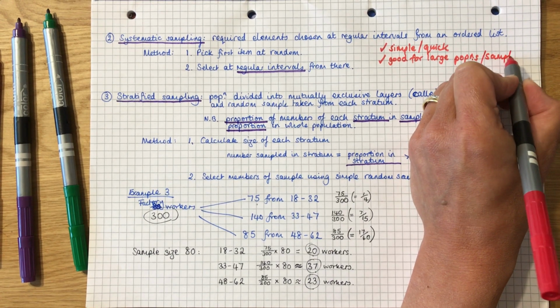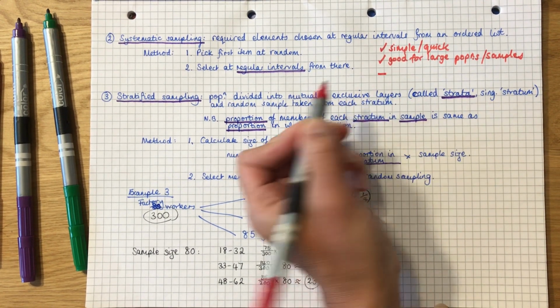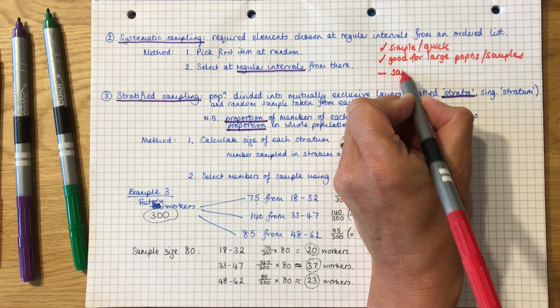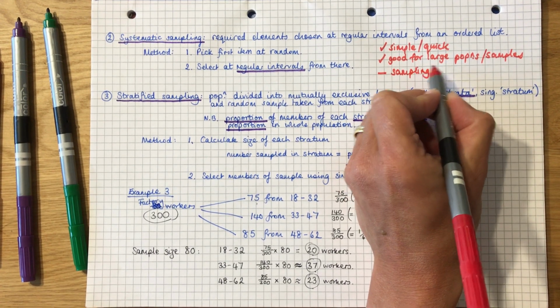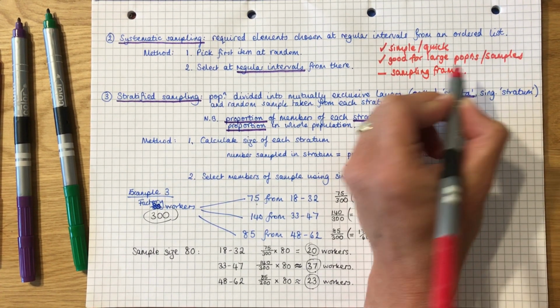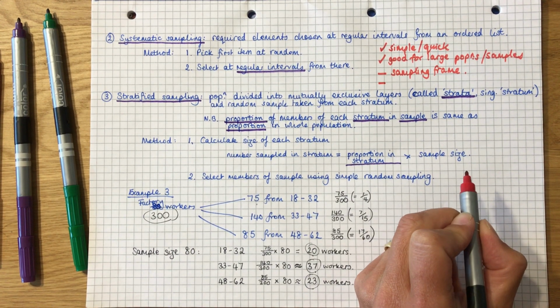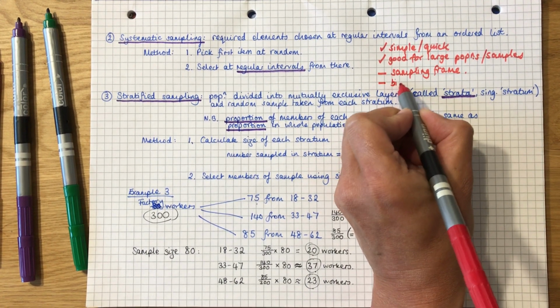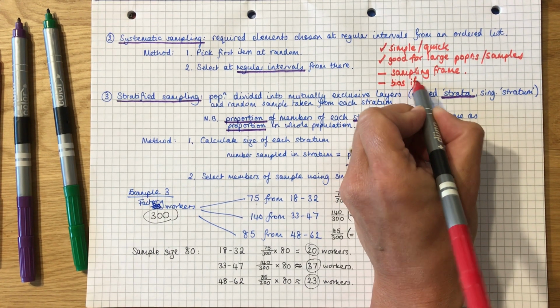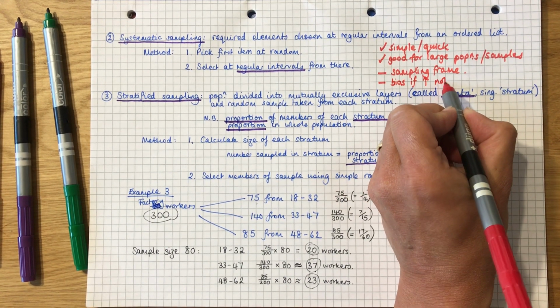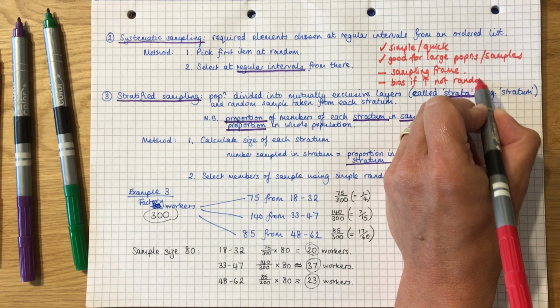But you've also got the disadvantage that you need the sampling frame. And if your sampling frame isn't random, you've got some potential bias. So bias if this sampling frame is not random.